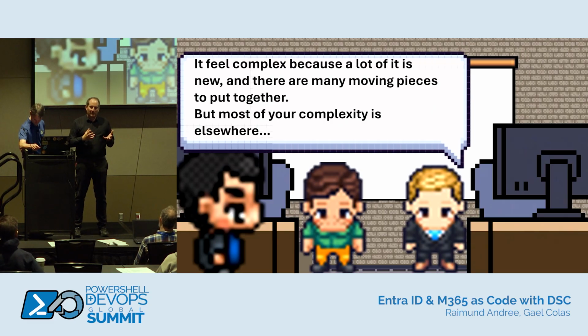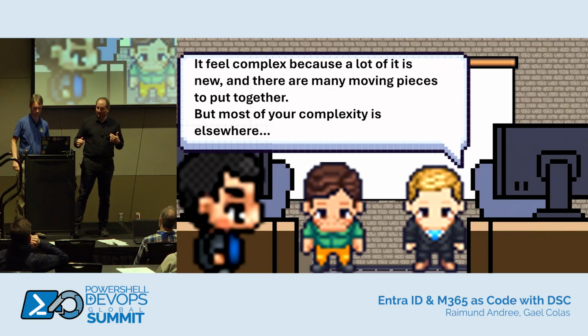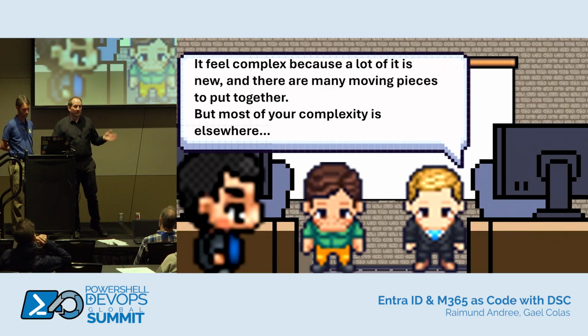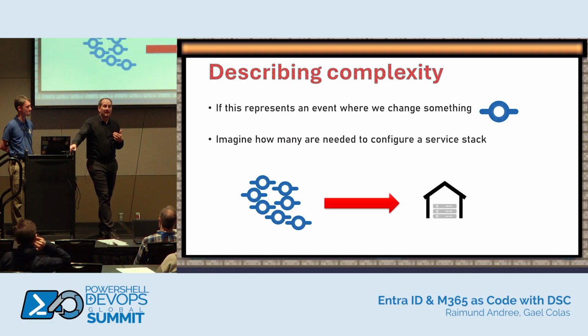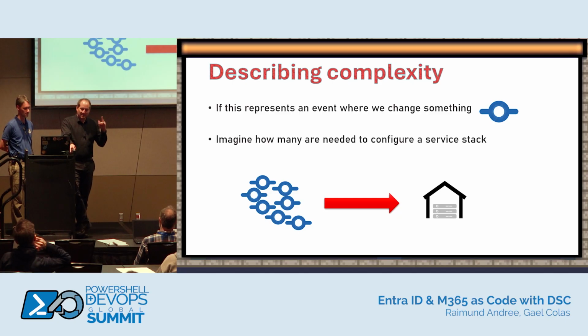So most of the complexity is actually somewhere else. When you manage an infrastructure, whether it's a server or Entra ID, you need to manage the complexity. And the complexity is not just learning a new thing. The complexity is composed of many different variables. So imagine that you're configuring, let's say for this example, a service stack.